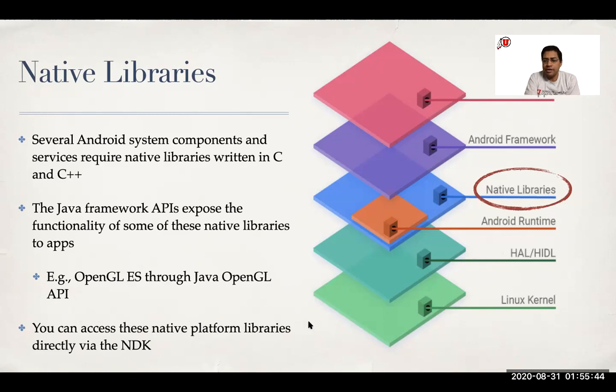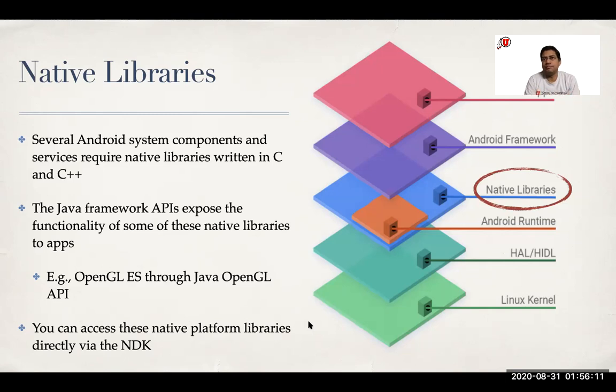Why would you do that though? Why not just use the high-level Java or Kotlin APIs for, like the OpenGL example here, for graphics rendering and things like that? So the answer to that question is, and many of you have perhaps guessed, it's performance. So Java is considerably slower than C, C++ in general, and also on Android.